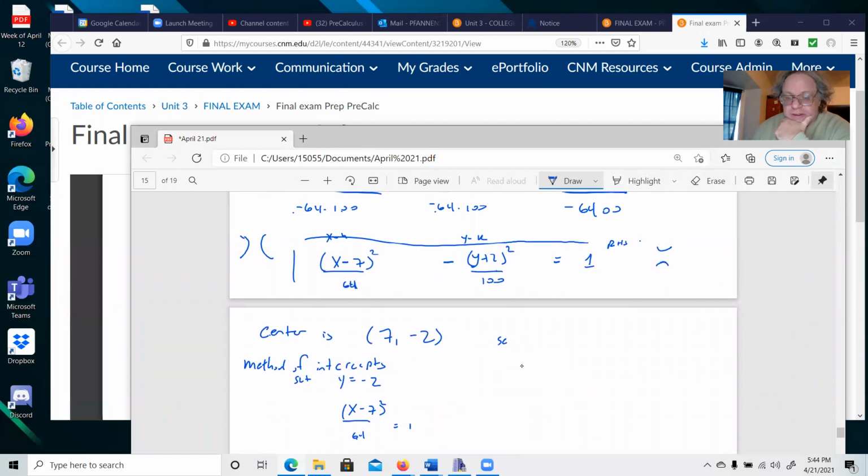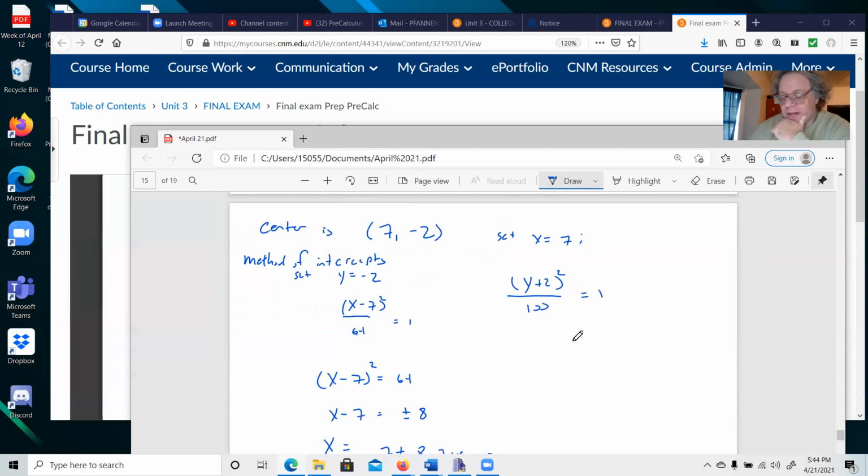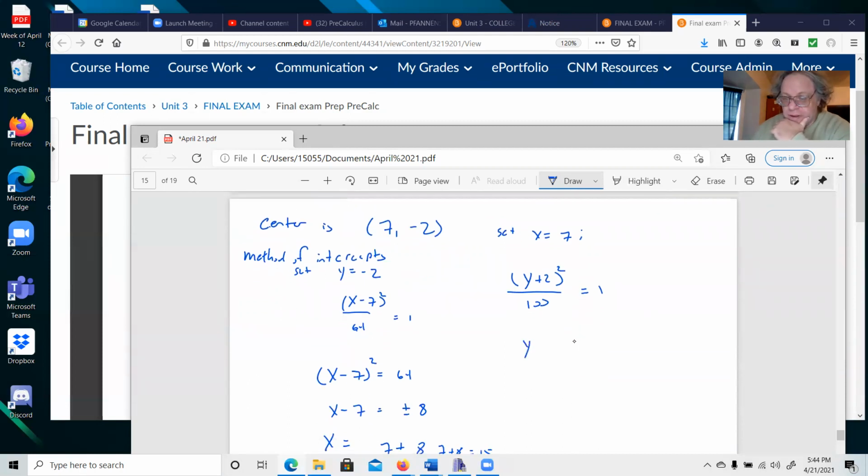So we're going to set x equal to 7, and we're going to take the positive. We're not going to worry about the negative part here. So we have (y plus 2) squared over 100. If x is 7, that's 0 equals 1. Again, method of intercepts. (y plus 2) squared equals 100. y plus 2 is equal to plus or minus 10, square root of both sides.